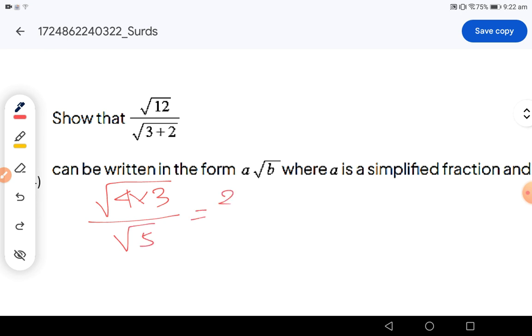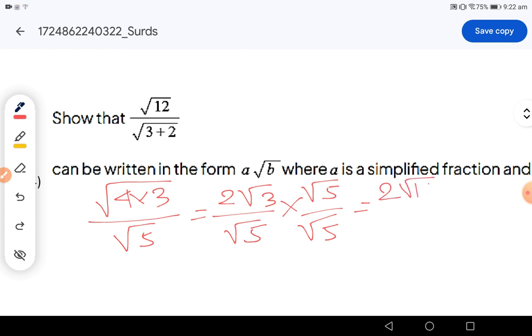So that means 2 root 3 by root 5. Now multiply root 5 and divide by root 5. So here we'll get 2, 5 into 3, 15. So root 15 by 5.